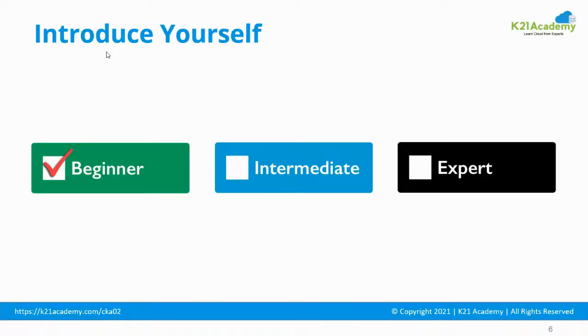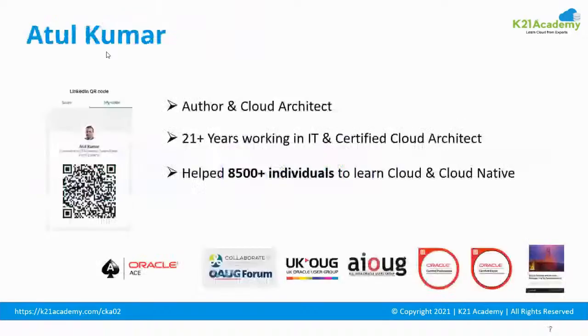But if you're already working and certified Kubernetes administrator or certified Kubernetes developer or security professional, type E. So let me know in the chat window, B or I or E. And I'm going to read, or I'll ask Shivans to read out some of the names so that I can see. Also tell us where exactly you're from, which country you're from. You're from US, UK, India, Europe, Middle East, Singapore. So we know where our audience are coming and where are you based as well. And if you have any questions related to your career, post that as well.